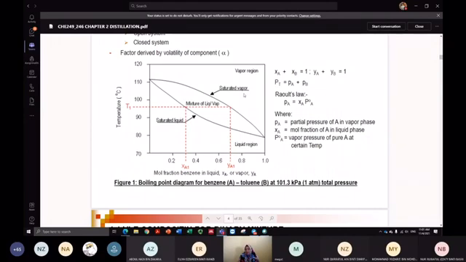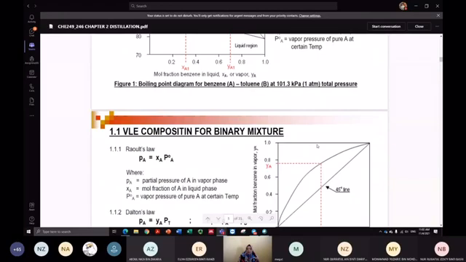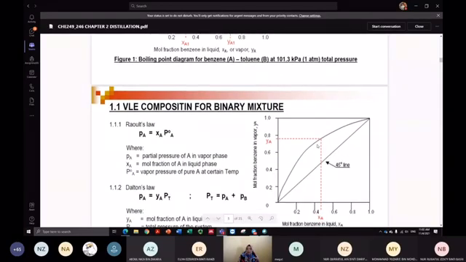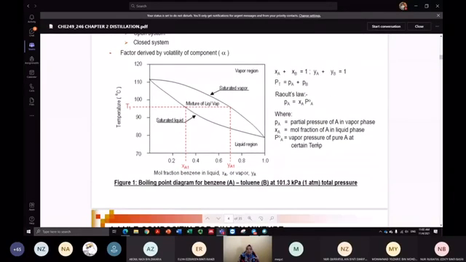If I say that the feed is at boiling point, what does it represent? Is it saturated vapor or saturated liquid? Think about it. Any questions before I proceed to the second part? If you have questions, just voice out.